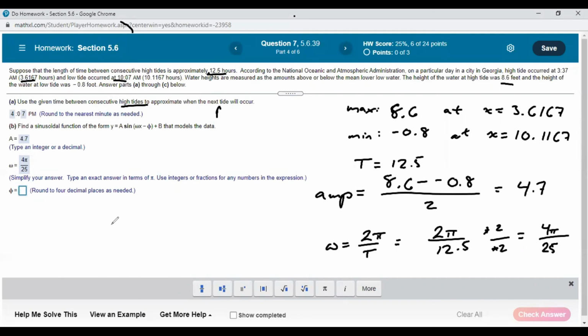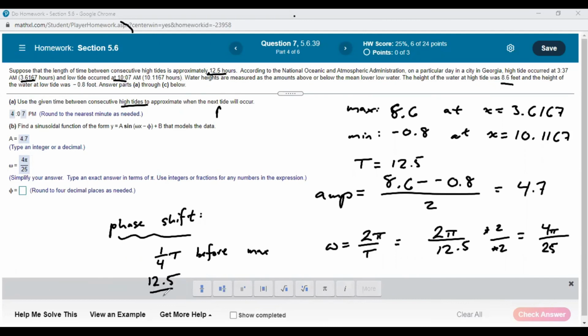So the phase shift. So we start by figuring out the phase shift. So it's going to be a quarter period before the max. This will pretty much always be our approach. So that's going to be 12.5 divided by 4 before the 3.6167.